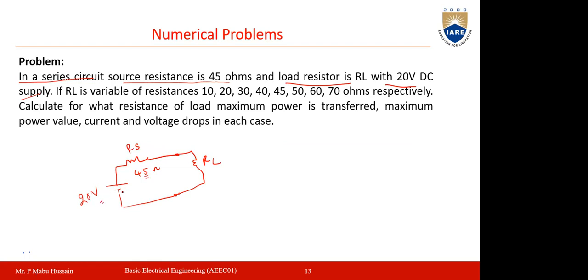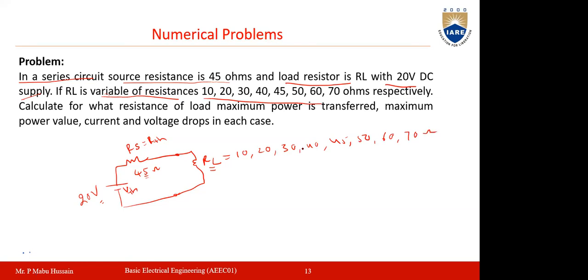You can even call this Thevenin, and this Thevenin, and this is the load. Now here the load resistance is a variable resistance, and the values are given directly. These values are 10, 20, 30, 40, 45, 50, 60, and 70 ohms respectively.